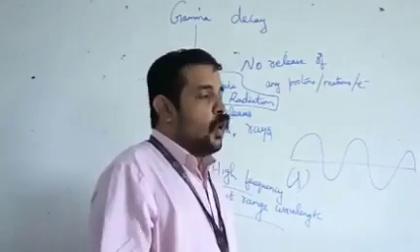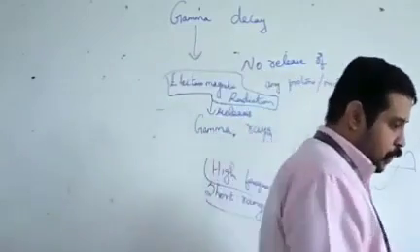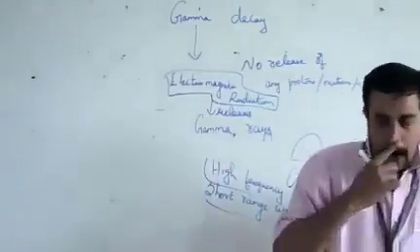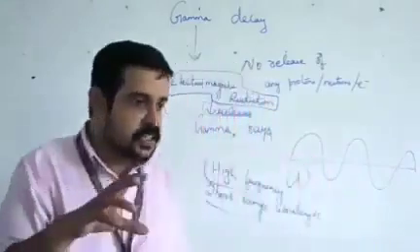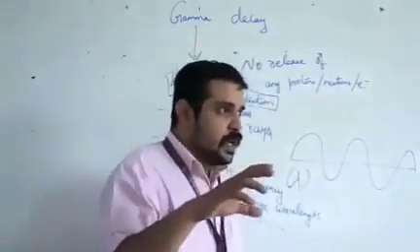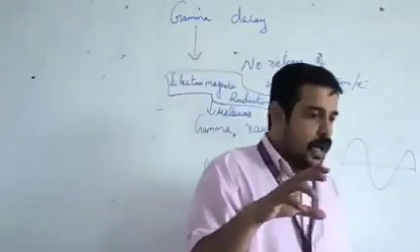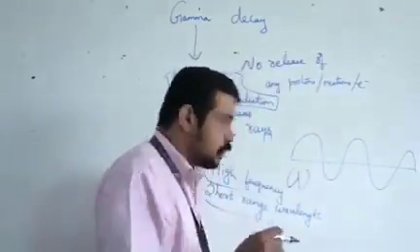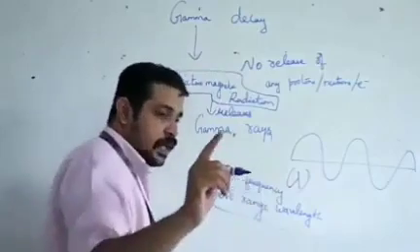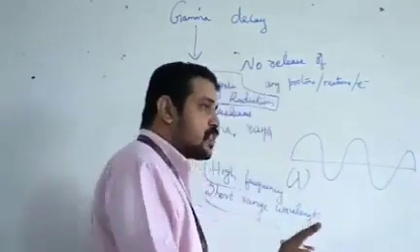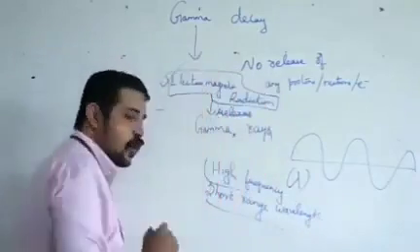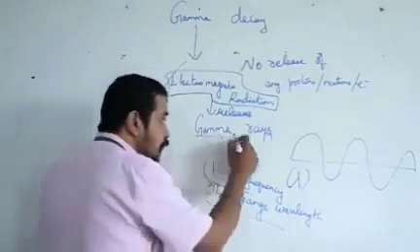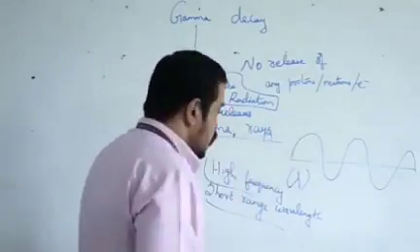Now, you have to think about a very important concept here. Sunlight has different types of electromagnetic radiation, including gamma rays.